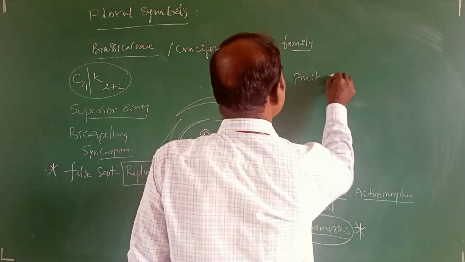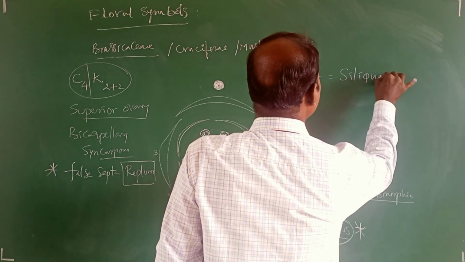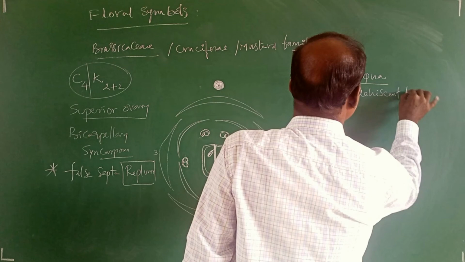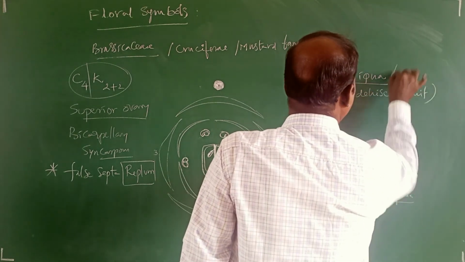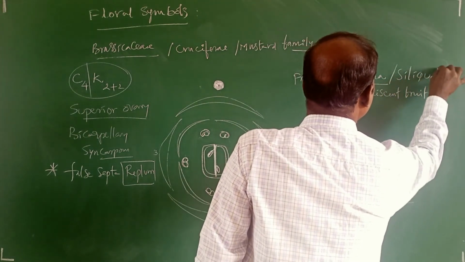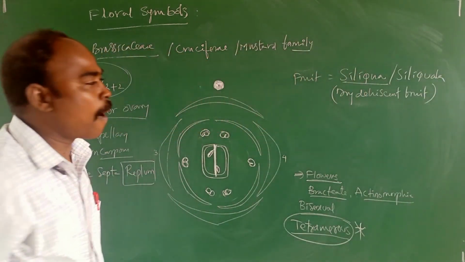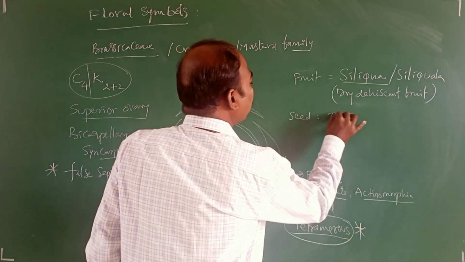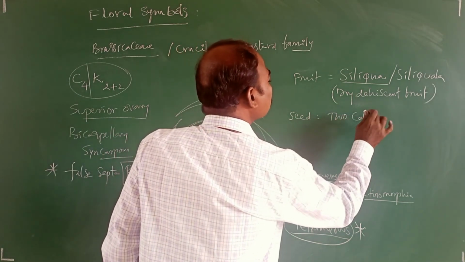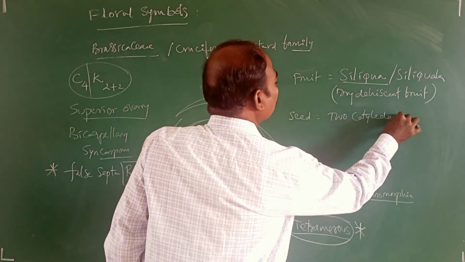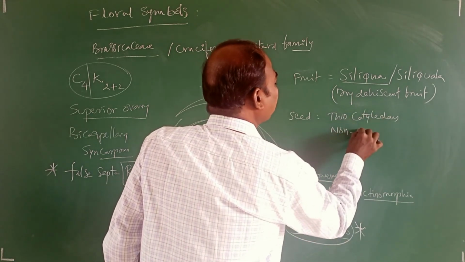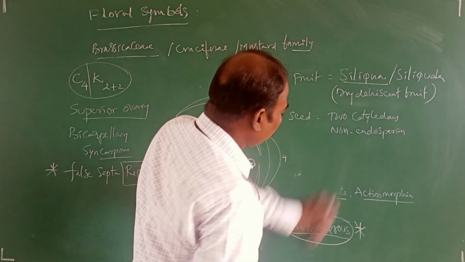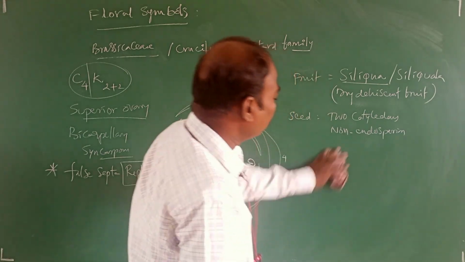Fruit is siliqua, a dry, dehiscent fruit, or silicula. A small siliqua is called silicula. Seeds have two cotyledons and are non-endospermic; endosperm is not present.